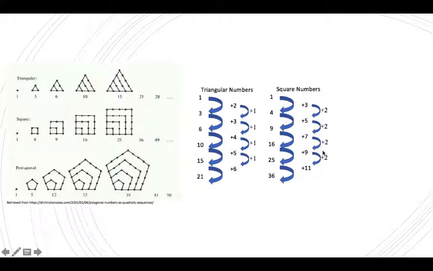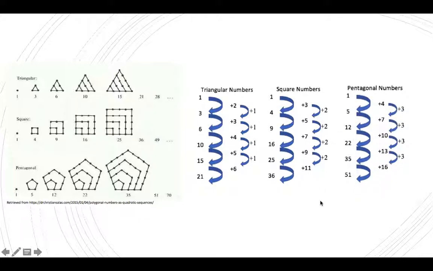At this point, students might say, well, we started at 1, pentagonal numbers are going to start at 1. Instead of adding 2 or adding 3, we're going to add 4. And 1 plus 4 is going to give us 5. But instead of increasing by 1s here or 2s here, we're actually going to be increasing by 3s. So 1 plus 4 is 5, and now I'm going to increase by 3, so that would be adding 7, and I'll be adding 10, and this is what we end up with.